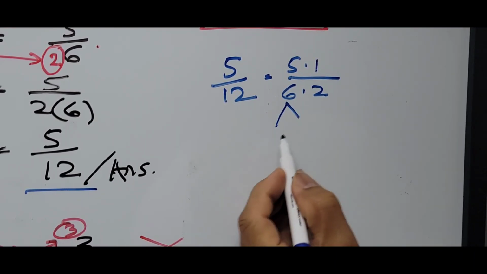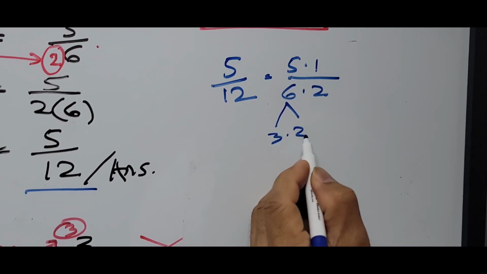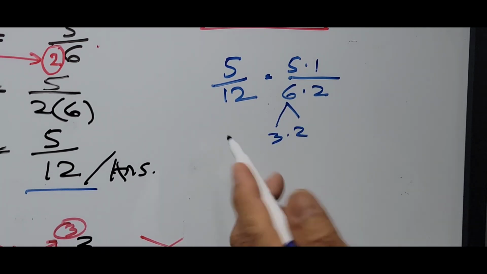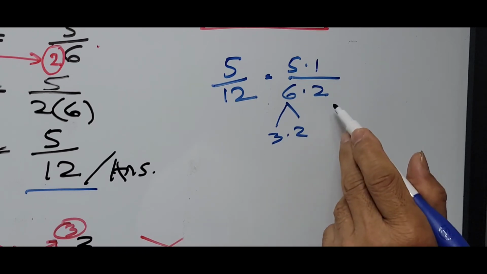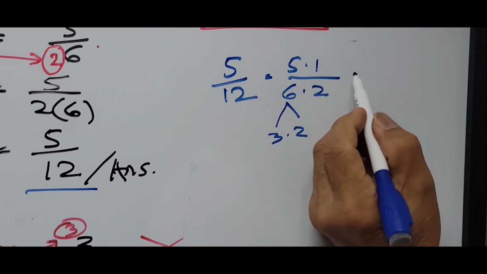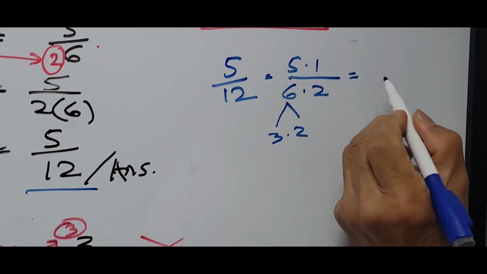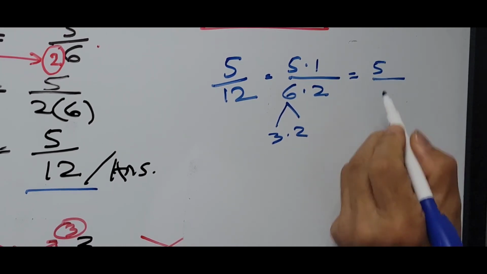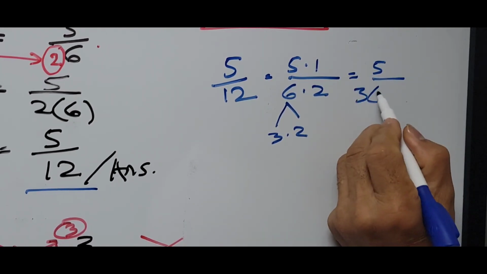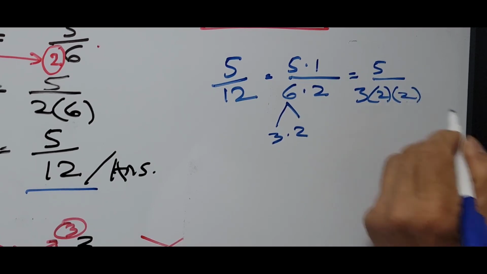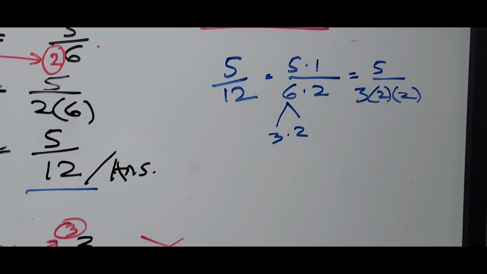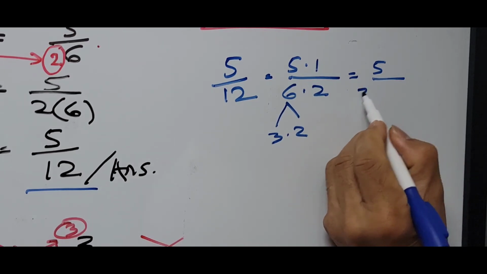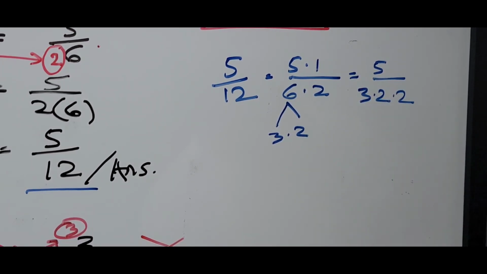So you have 3 times 2. So the factors of 12 are 3 times 2 times 2. So 5 times 1 is 5 divided by 3 times 2 times 2, or the other way around. You can write it down as 3 times 2 times 2.